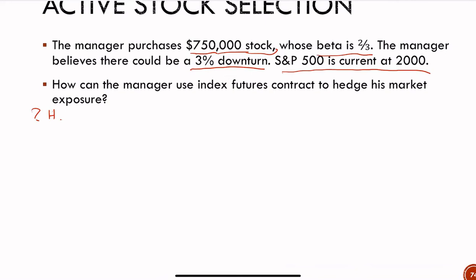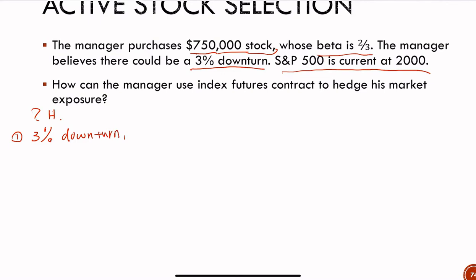Now to find out the hedge ratio, we will first find out the value change in your equity position, right? So let's say there is a 3% downturn.